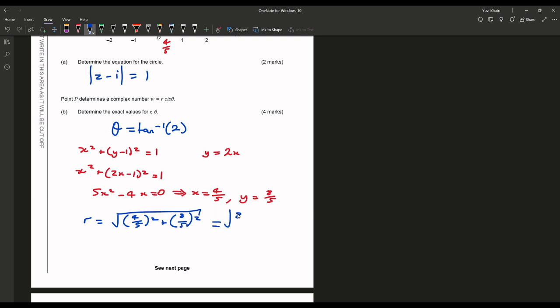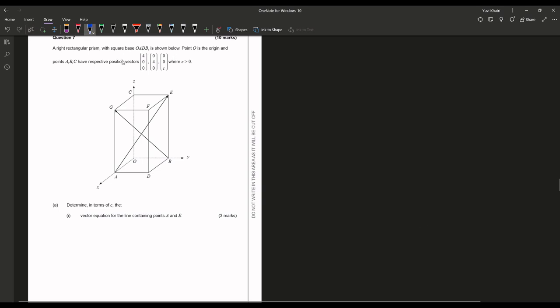And that simplifies to root 80 over 25. So we get r equals root 80 over 5, or if you want to simplify that, 4 root 5 over 5. And obviously we have theta equals inverse tan of 2. That's part B.